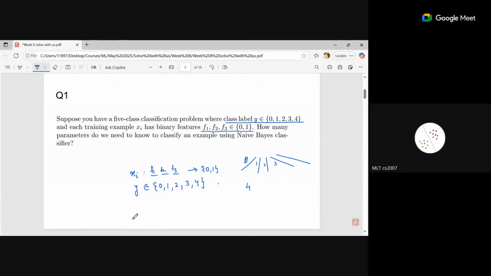And then for each of these labels, I have three features here, right? So 1, 2, 3, 1, 2, 3. And for each, I need one parameter. So from there, I have 3 times 5, which is 15. So 15 plus 4, a total of 19 parameters we need to know if we have to use a naive-Bayes classifier to classify examples.